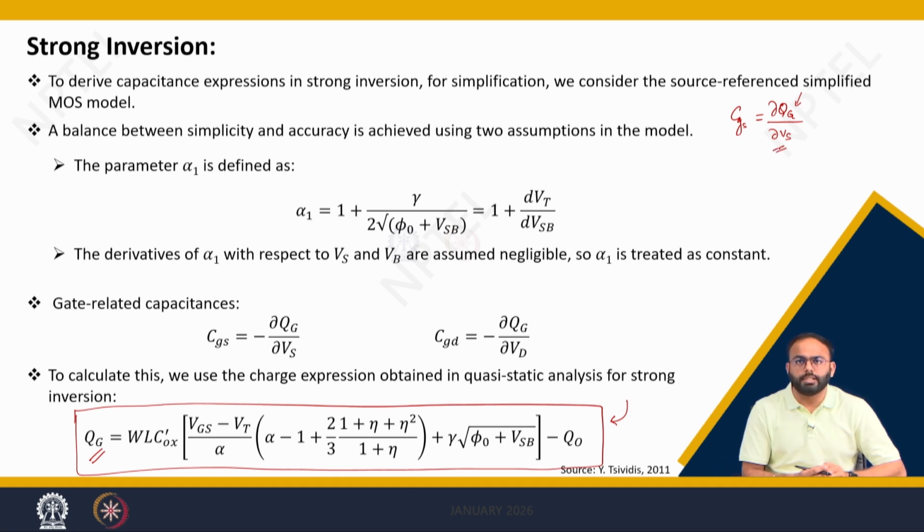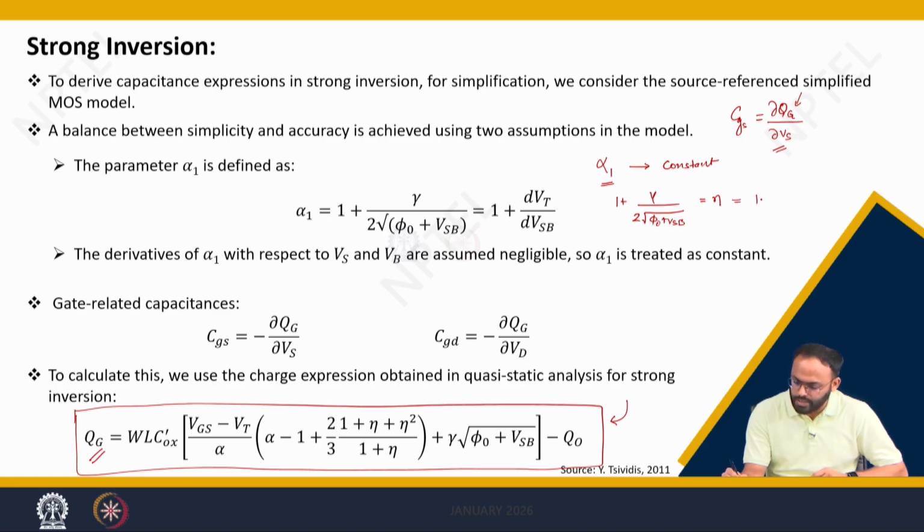Before proceeding, let us consider a few assumptions. The first assumption, for simplicity, is that alpha 1, for the source reference model, is considered to be constant, meaning when we differentiate this alpha, we will consider it as constant. Alpha 1 is nothing but 1 plus gamma divided by 2 times square root of phi naught plus VSB. This can also be replaced as n, and this can be replaced as 1 plus dVt divided by dVSB.